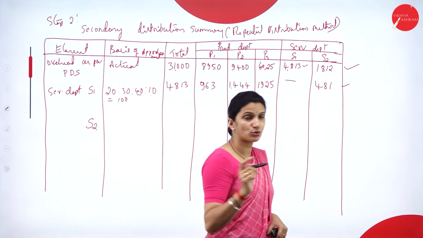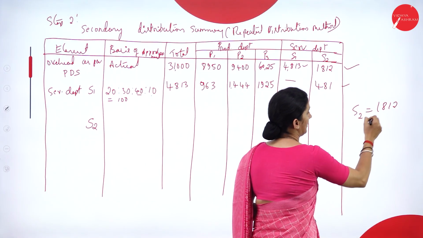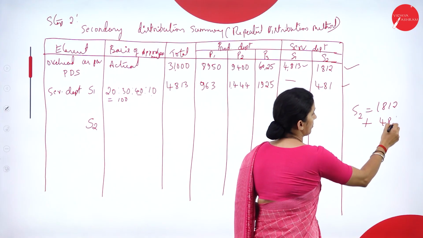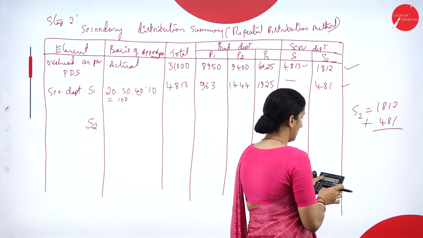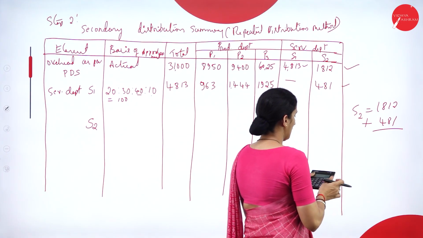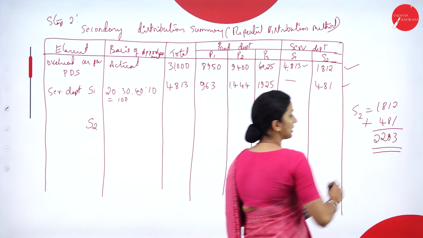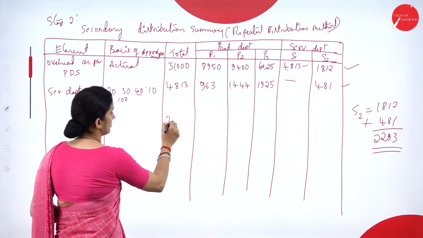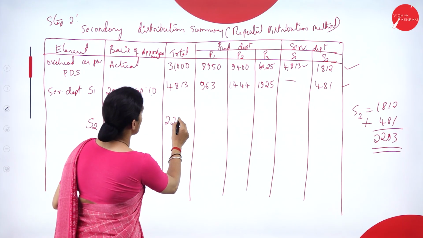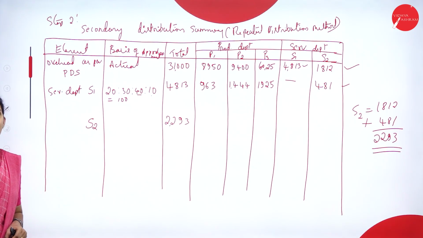So your S2 total overhead is 1,812 plus 481, which is 2,293. So the total overhead of service department S2 is 2,293.